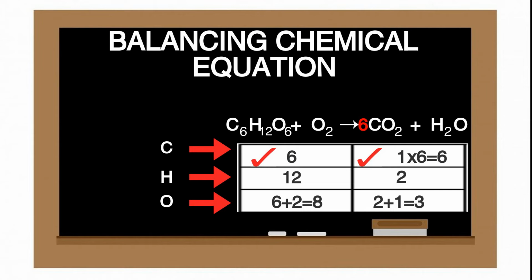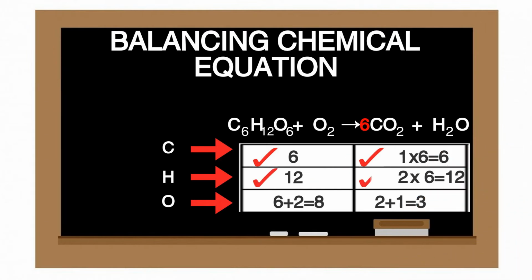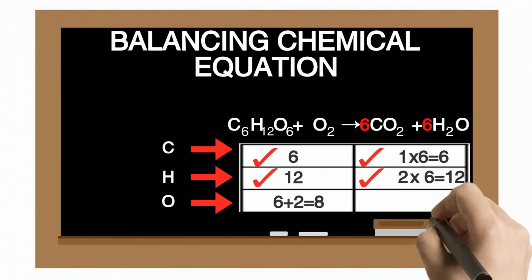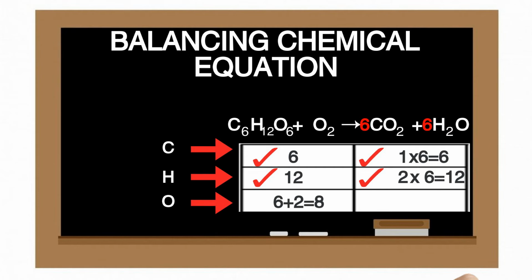And the next element is hydrogen. The number of atoms of hydrogen in reactants is 12 and in product it is only 2. So we can balance them by multiplying with 6 on the product side. In products, we will add 6 as the coefficient of H2O.